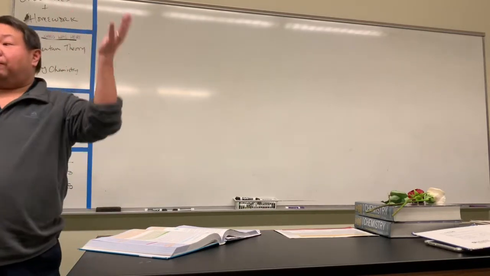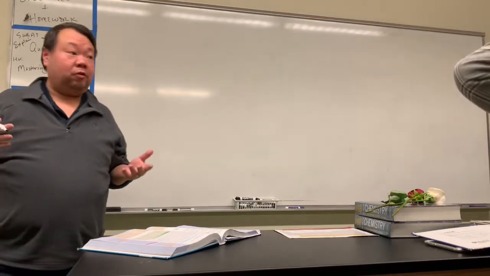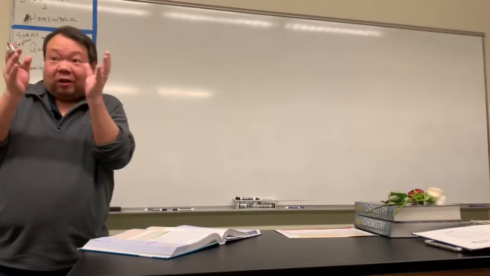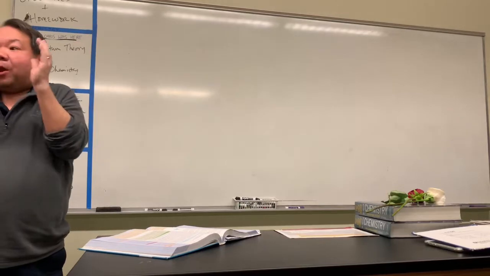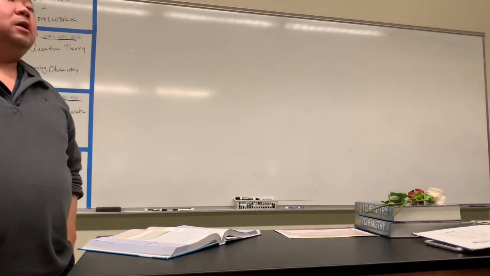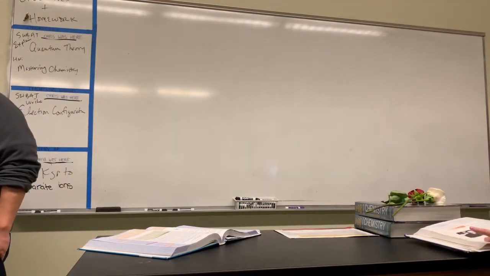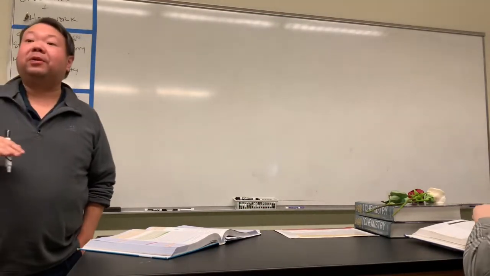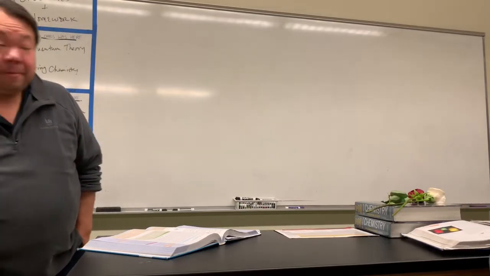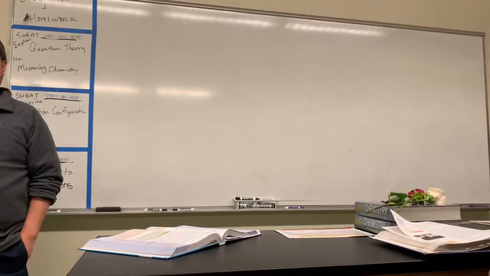We have an energy level, and we proved yesterday that there were energy levels. The electrons cannot be in between levels. They have to be on an energy level. But in an energy level, there are shapes that the electrons move in, and those shapes are called sublevels.